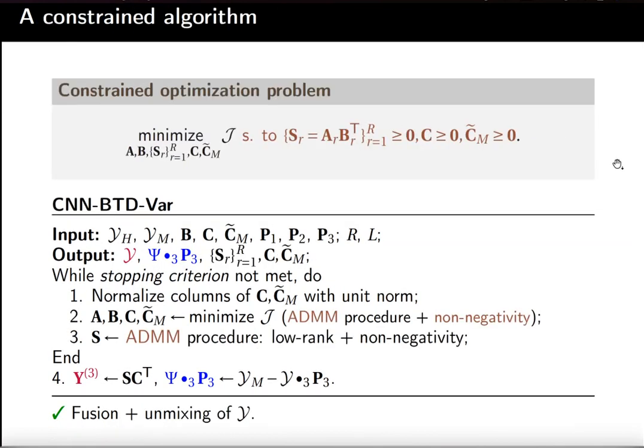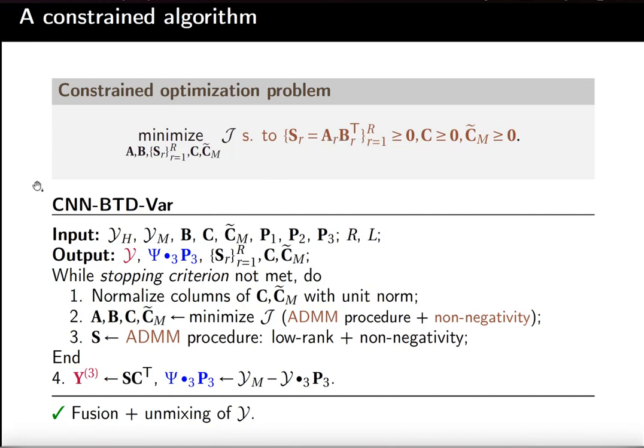As a result, I designed a second algorithm that is constrained. And this algorithm aims at minimizing the cost function J, subject to some non-negativity constraints on the factors, so the spectral signatures, C and C tilde, but also the low-rank abundance maps characterized by the A_R B_R transpose.